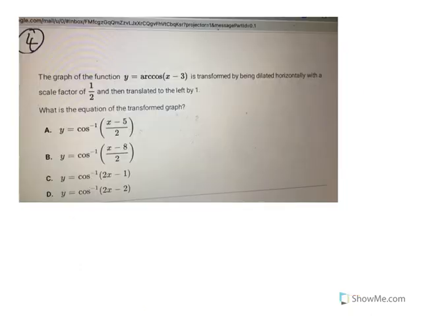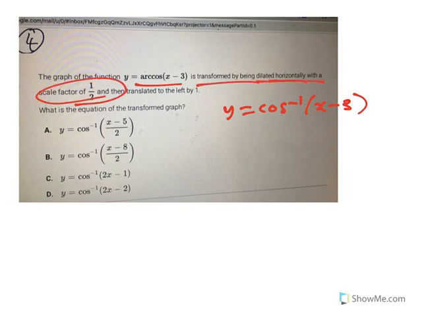Now, just a refresher on these dilations, just in case. So y equals cos the minus 1 of x minus 3. It's transformed where it's horizontally dilated by a scale factor of half. So a scale factor of half means you have to do f of 2x. So that means where the x is, you're going to put 2x. So it's going to be 2x minus 3, because I'm just replacing the x with 2x.